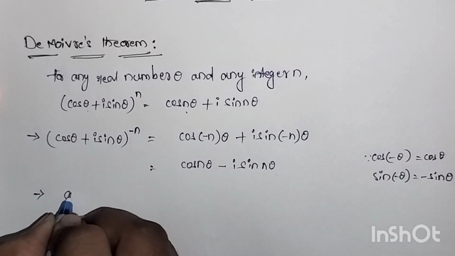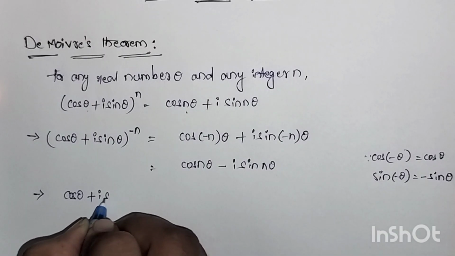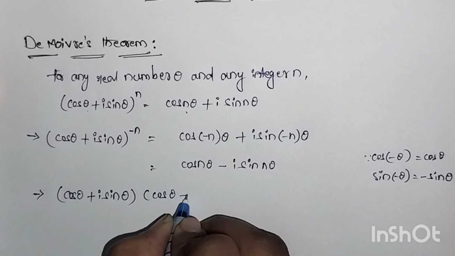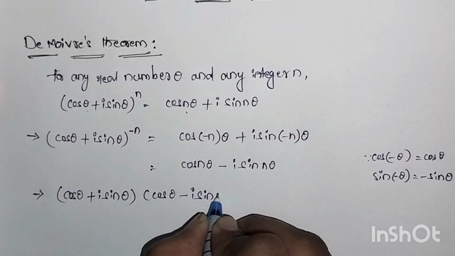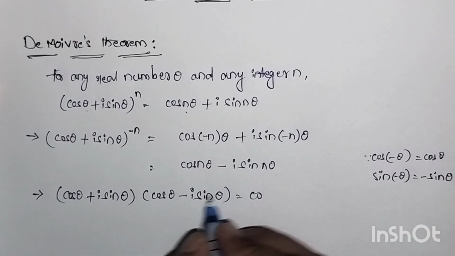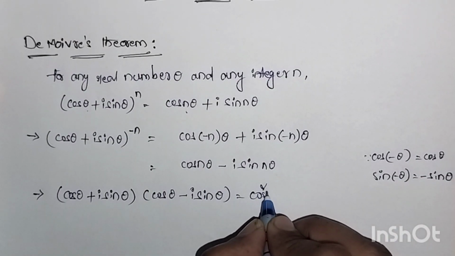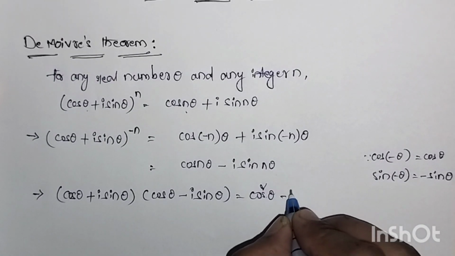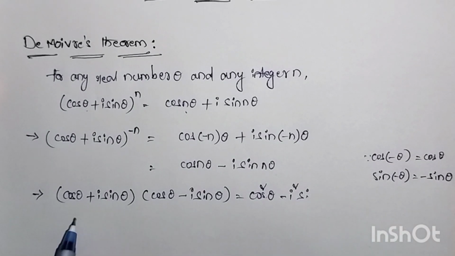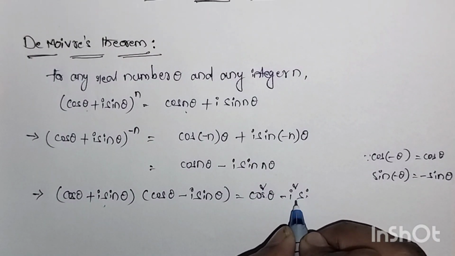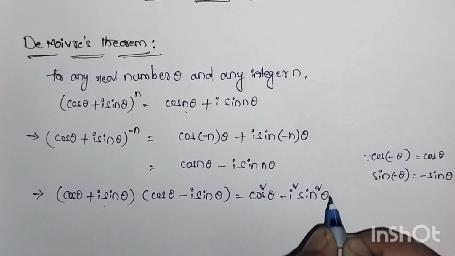Next formula: (cos theta plus i sin theta) into (cos theta minus i sin theta) equals, multiply these two terms. Cos theta into cos theta, cos square theta, minus i square sin square theta.